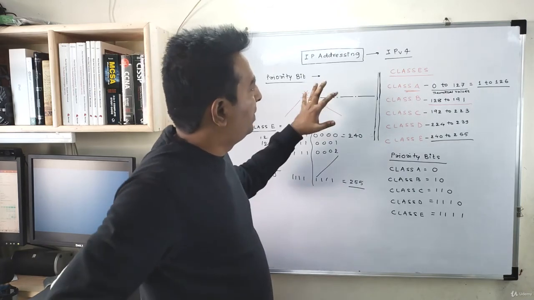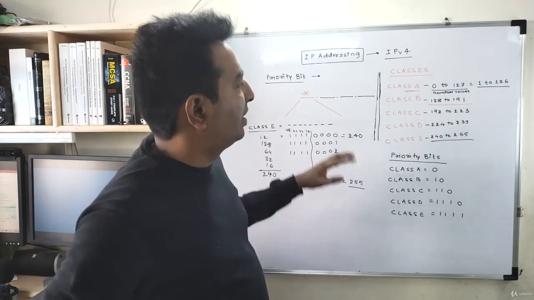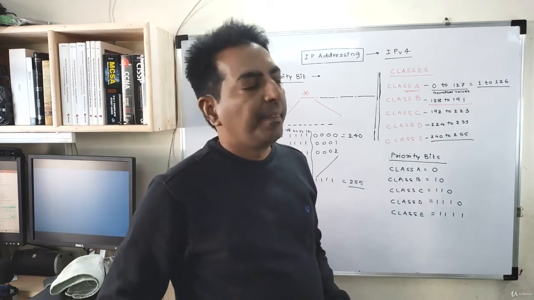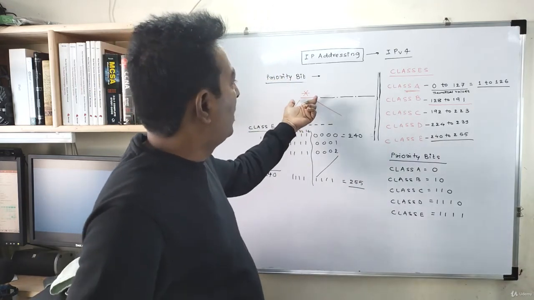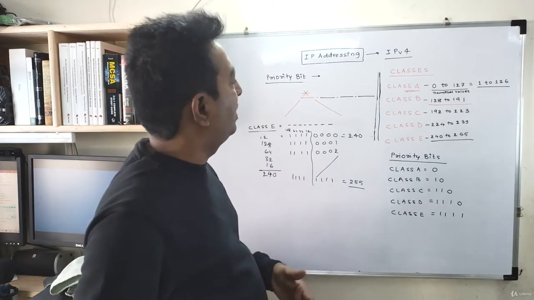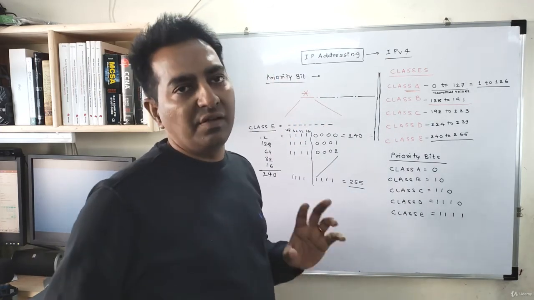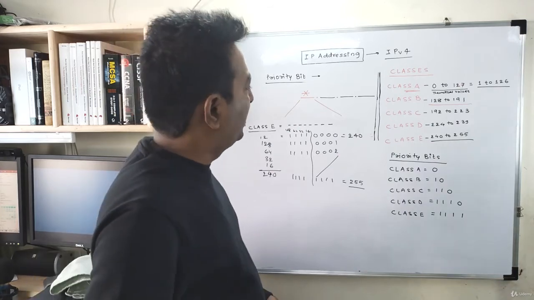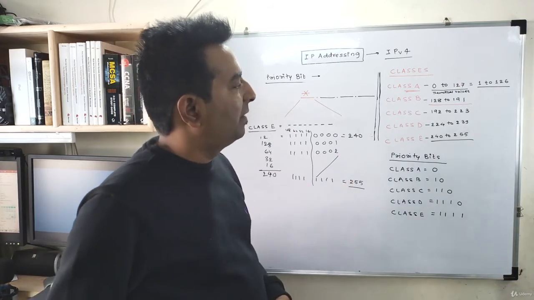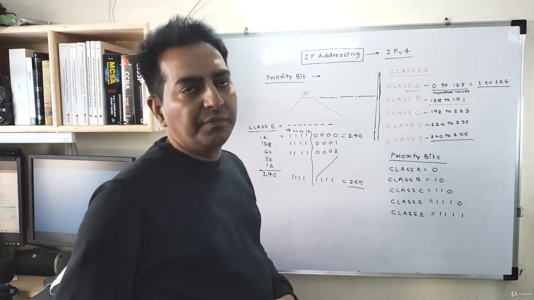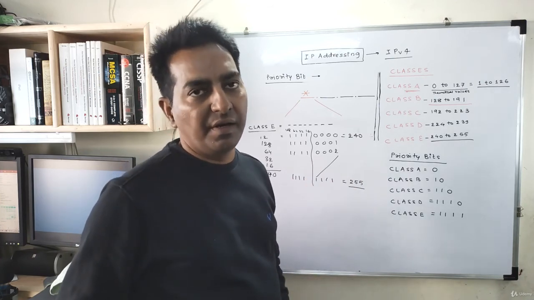So friends, I hope you understood how these ranges are calculated, what is the significance of the first field in the IP address, and how you can identify the class of an IP address. So with this, we have understood some of the basics of IP addressing.